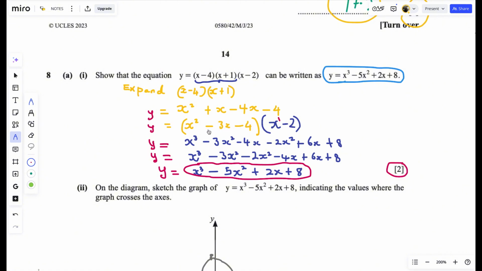Then the last one, negative 2 multiplied by negative 4, you get positive 8. That's how we got positive in these last two, because negative is being multiplied by negative.